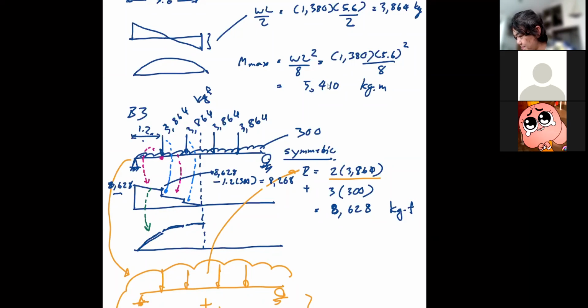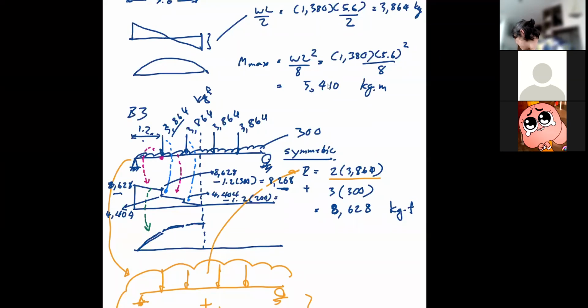And at this point, because you have faced the sudden change caused by the point load, it's basically this number 8268 minus 3864. So that is 4404. And then this number is just going to be 4404 minus 1.2 multiplied by 300 again.